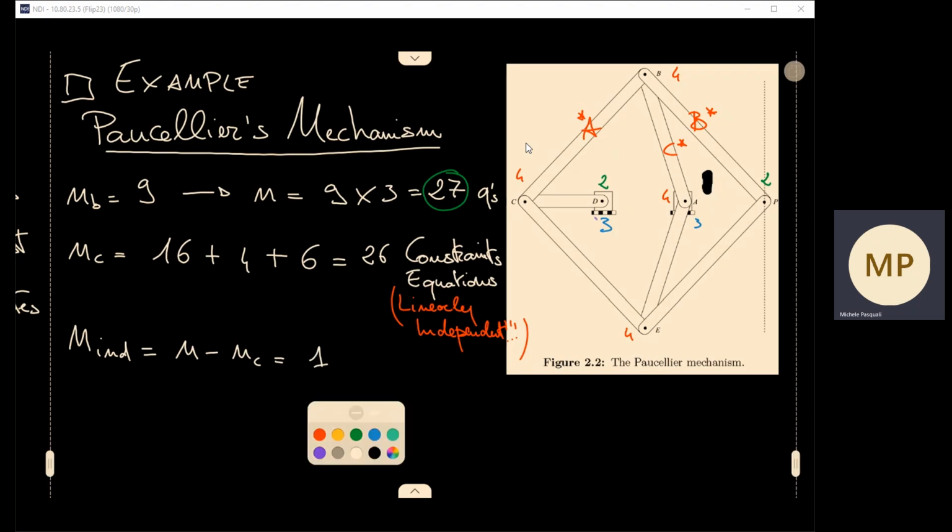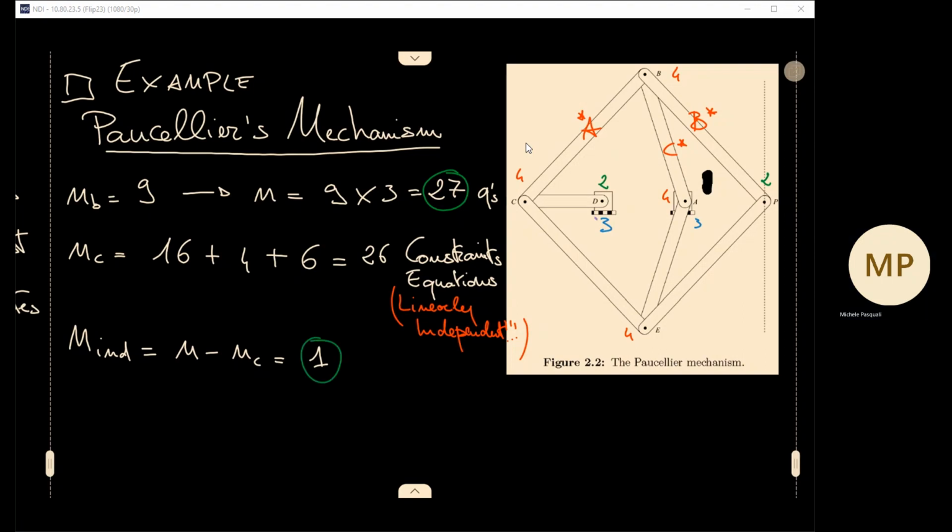Okay, so of all the mess that this mechanism is, you can only set one parameter freely, and just setting that parameter will univocally identify the configuration of the mechanism. All of the rest will follow through the constraints. Okay?